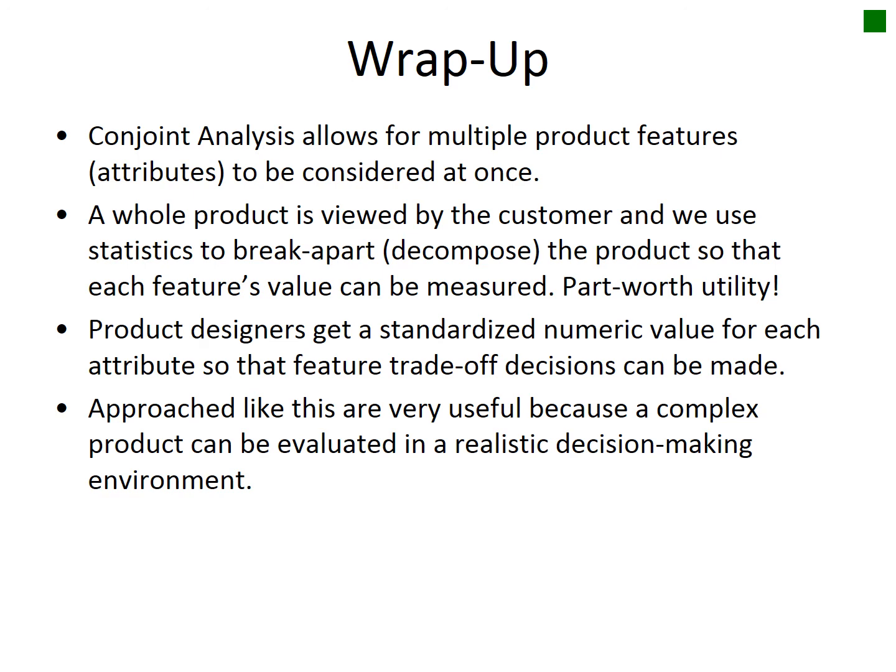Approaches like this are very common nowadays. They help us put some numbers to the decision-making process when it comes to deciding what features we're going to add to our products.